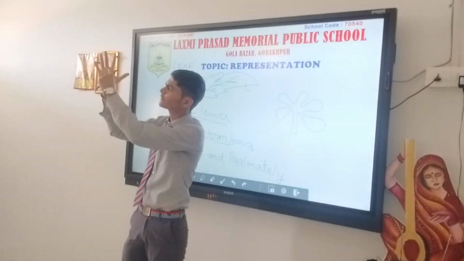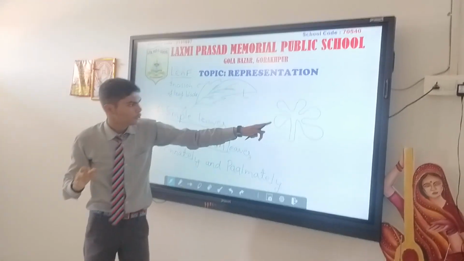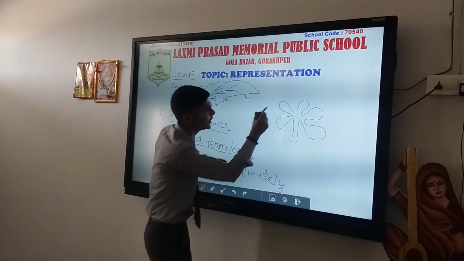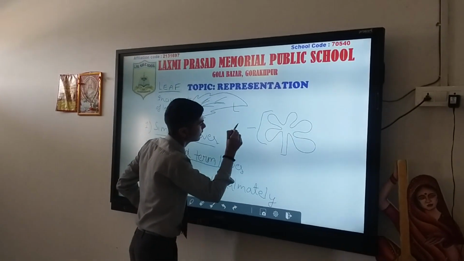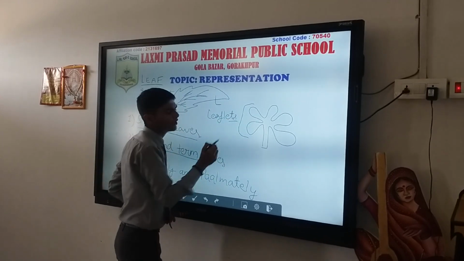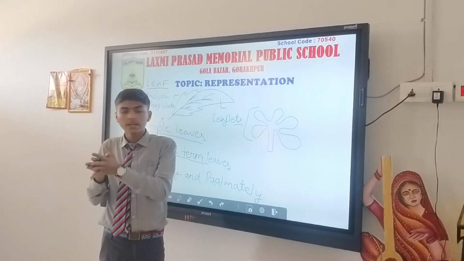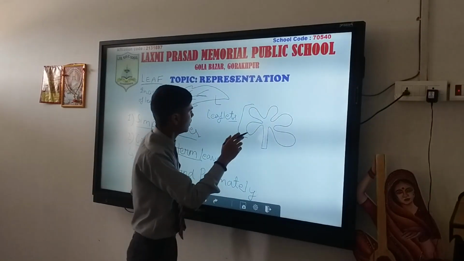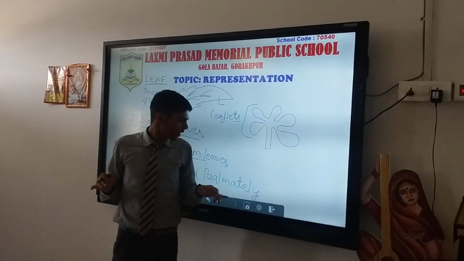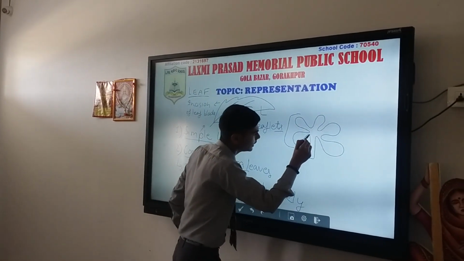All five fingers come to join at a single point. So here you can say these all five are leaflets, and they all come to originate and mingle at a single point, which is termed as a palmately compound leaf.